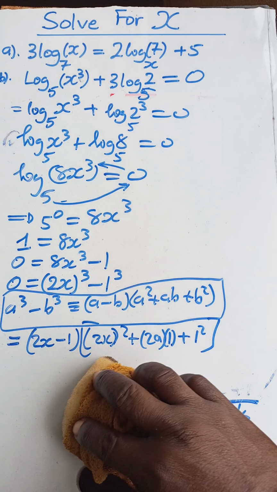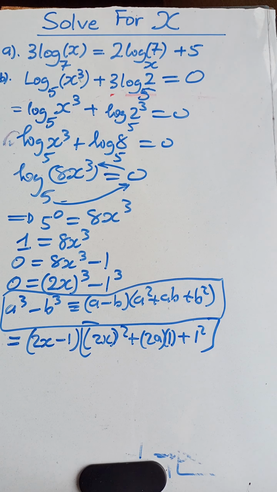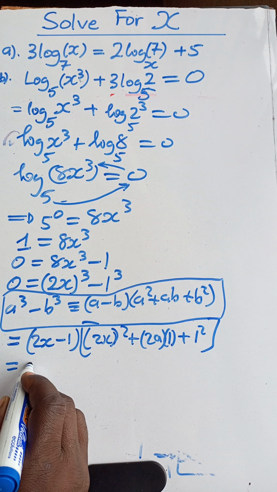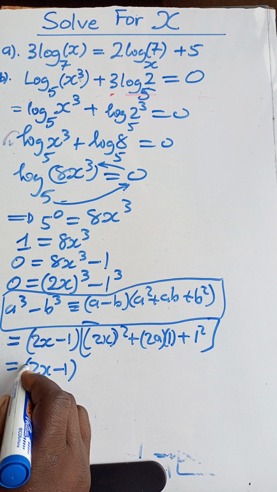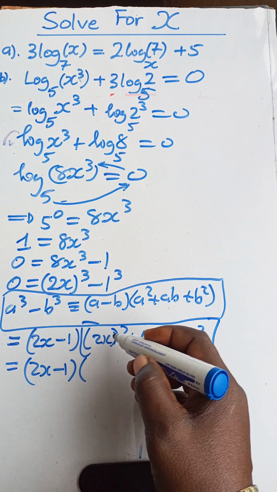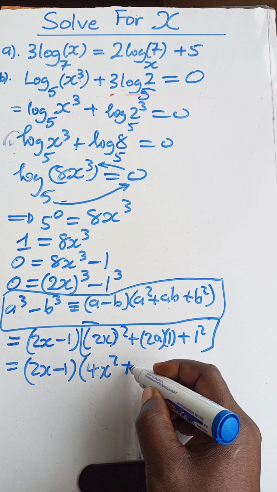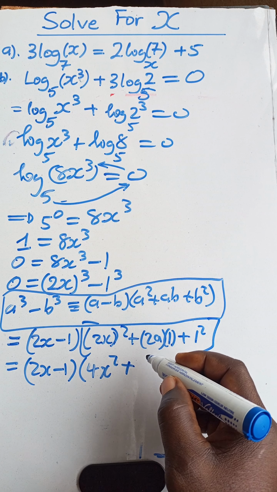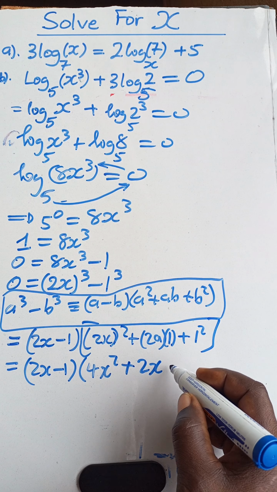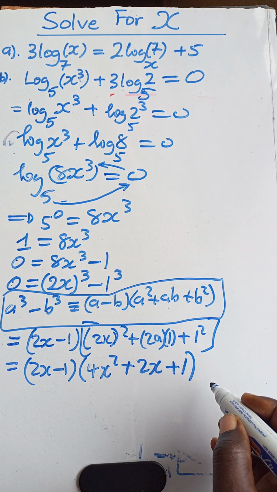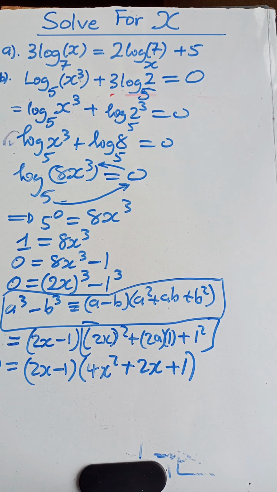Okay? Now, this gives us 2x minus 1 into 2x squared is 4x squared, 2x multiplied to 1 is 2x plus 1. All of that equal to 0.